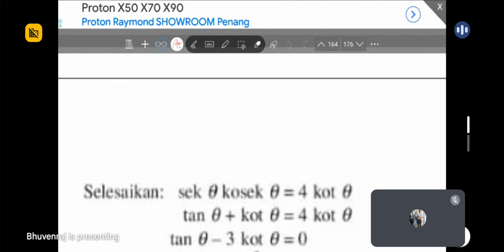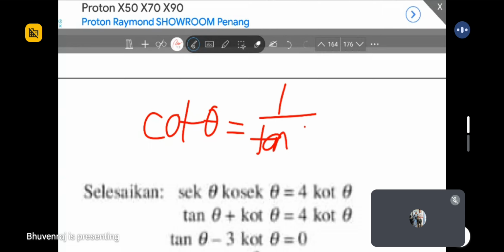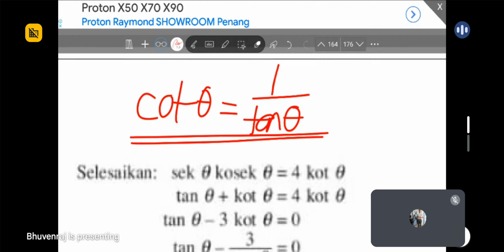Okay, now, cotangent theta, you can have an identity, right? Okay, kamu ada satu identity. Cotangent theta equal to 1 over tangent theta. As I said, you must always have only one term when solving an equation in trigo. Kena ada satu sebutan sahaja. Alright, so cotangent theta you need to change to tangent theta.